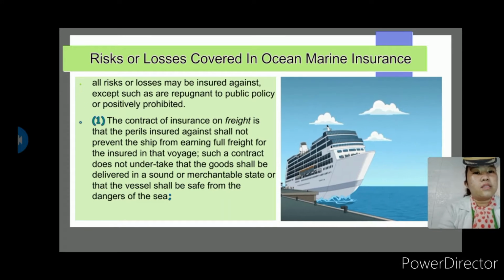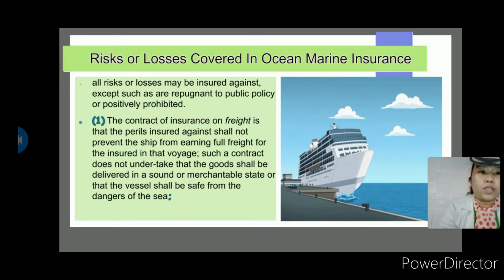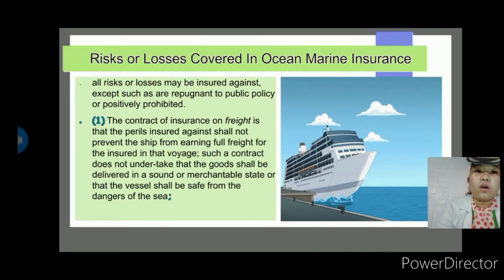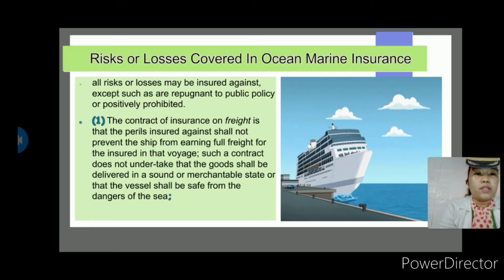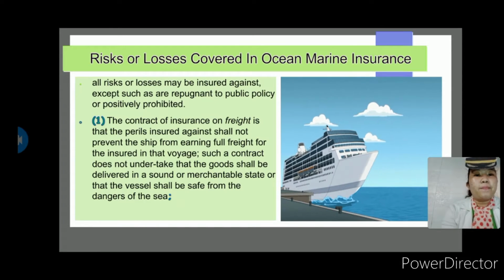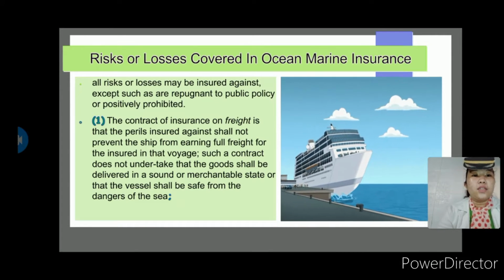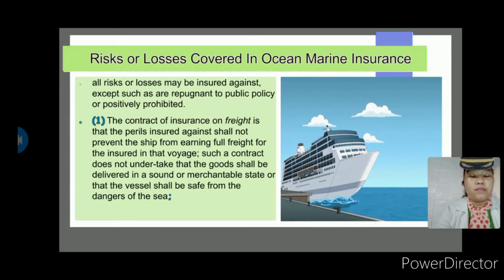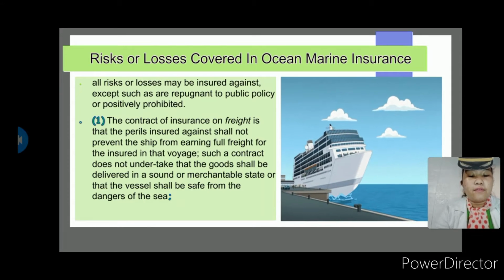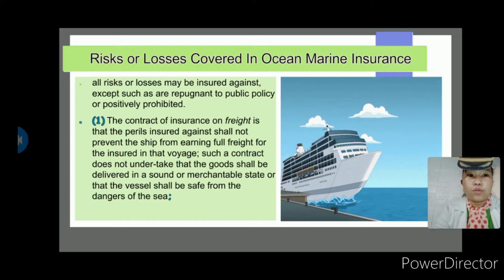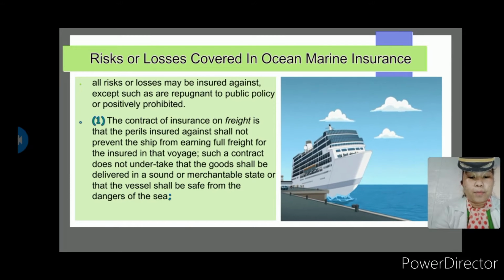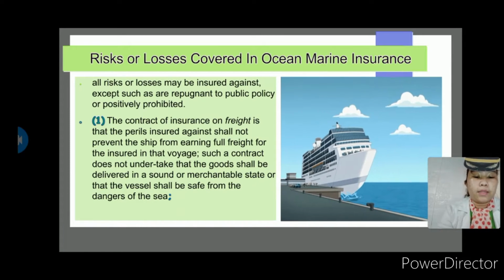Now, what are the risks or losses covered in ocean marine insurance? So, all risks or losses may be insured against, except such as are repugnant to public policy or positively prohibited. So, everything except those which are against public policy or those prohibited by the law.